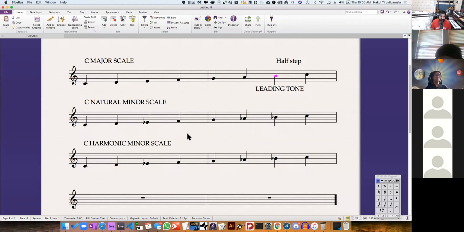So let's actually think about the C harmonic minor scale for a second. If this is C natural minor scale, what do we have to do to make this C harmonic minor scale?